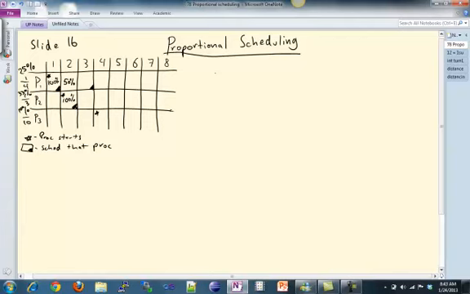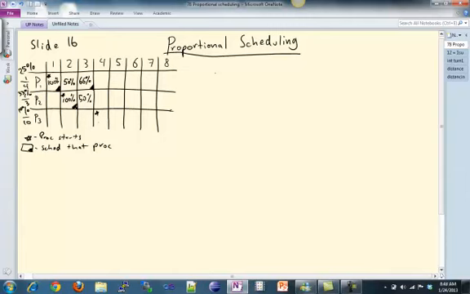and now it has run 2 out of 3 times, so its utilization is 66%, and process 2 has run once out of these 2 times, and so this is 50%. Okay, at quantum 4, we have 66% for process 1, 50% for process 2, 0% for process 3, because process 3 was just born here.